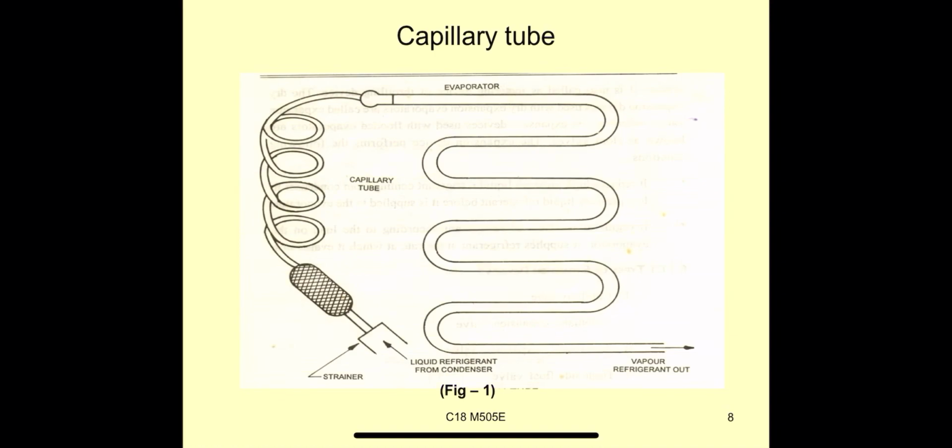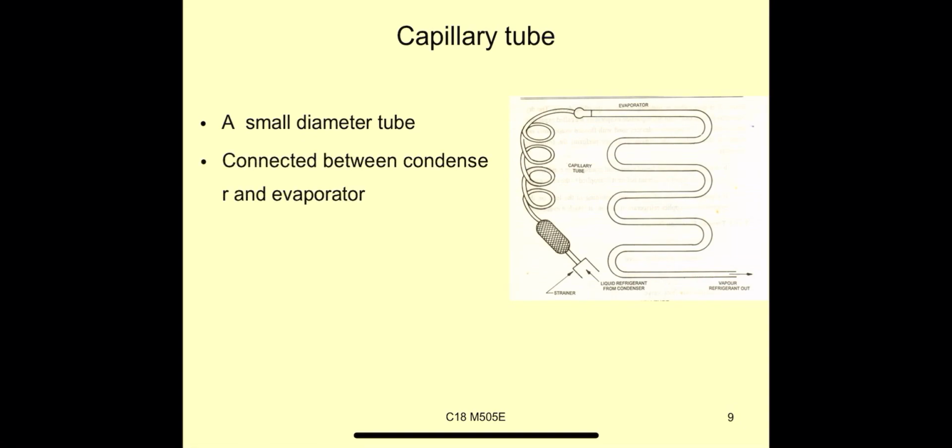As the pressure decreases, the temperature decreases, and it absorbs heat, extracting the heat from the evaporator or substances, and is then sent out as vapor refrigerant.